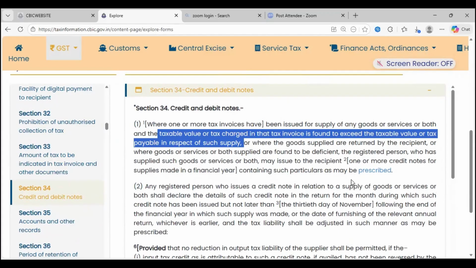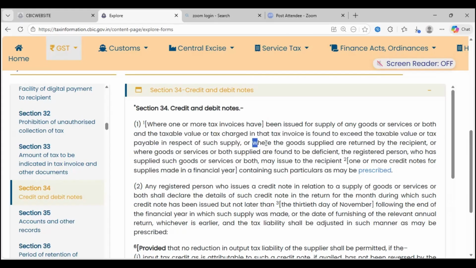So point number 1: my taxable value, sir, instead of 10,000, by mistake I've shown 1 lakh. That excess, to remove 90,000, I'll give a credit note. Or tax charged, sir, instead of 5%, I've charged 18%. Because of this, I can give a credit note.